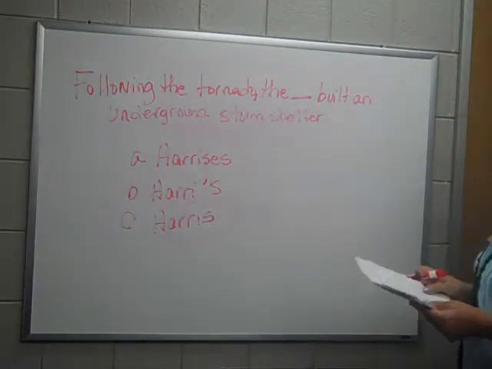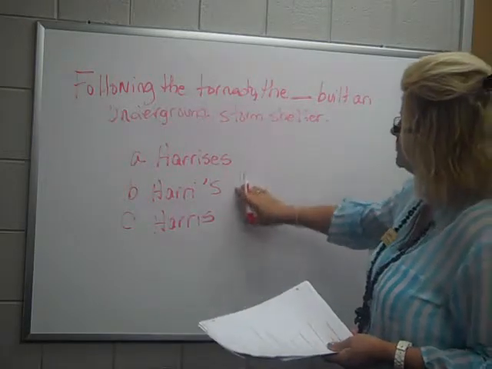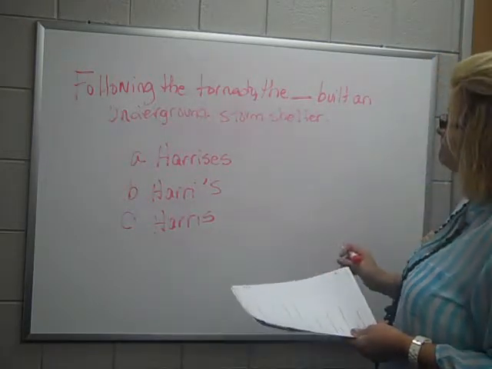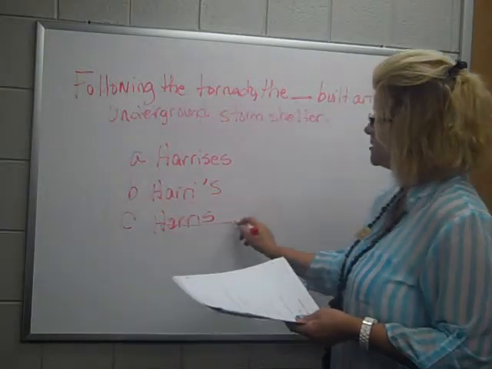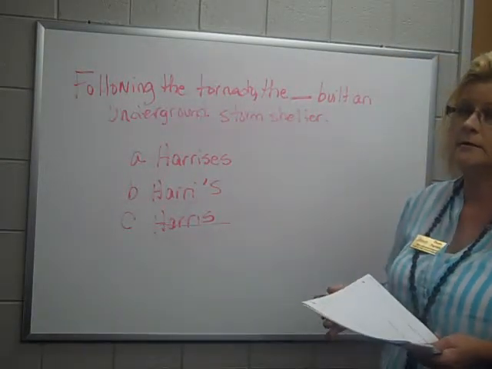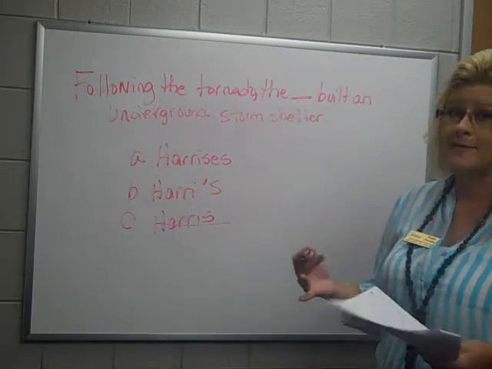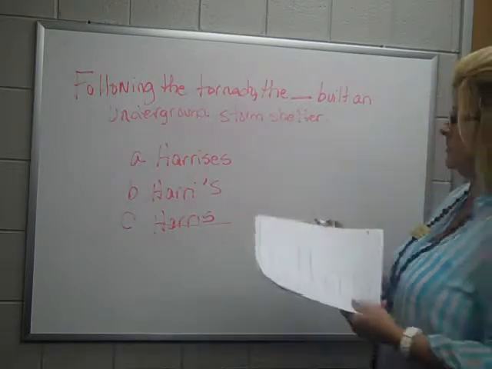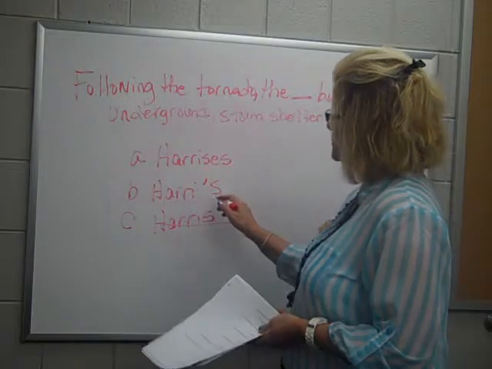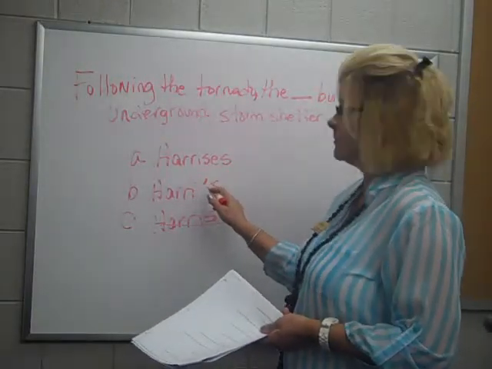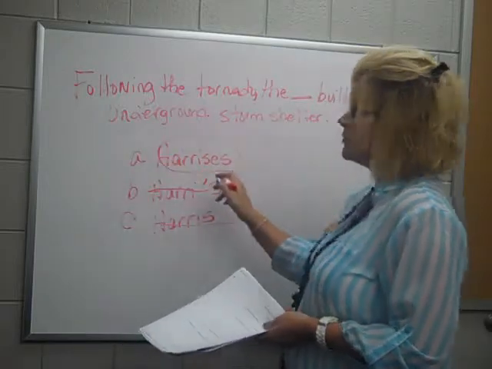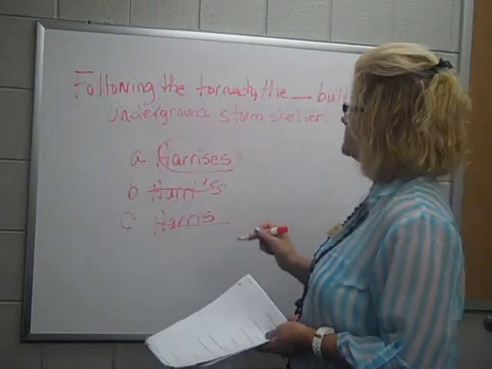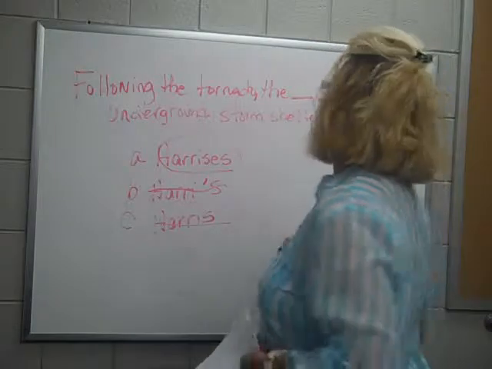Okay, so in here, which one of these should we use? Well, we know it's not going to be Harris because we're talking about Harrises, right? People, a family, more than one person, okay? So it wouldn't be this because this is possessive form, okay? So it's going to have to be this one because we're talking about more than one person in that family, okay?